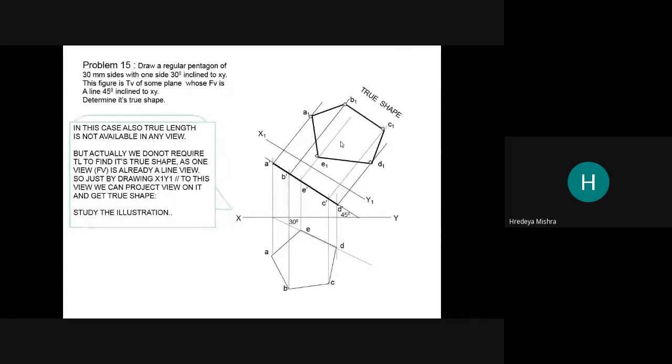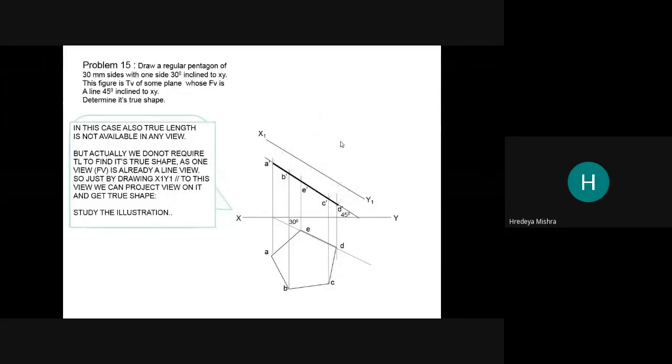So here we can just easily draw the true shape, because here the top view is given, which is a line. In the previous question, if we see, the front view is not a line.